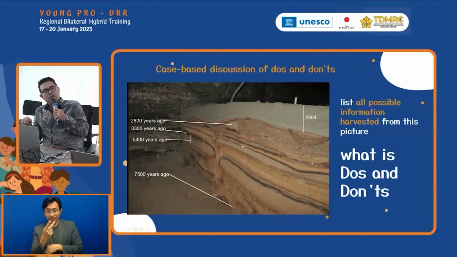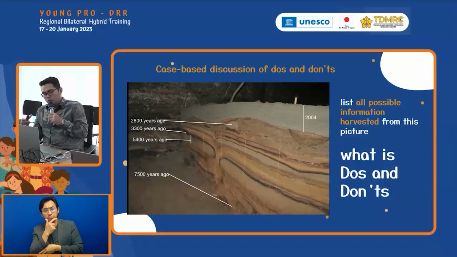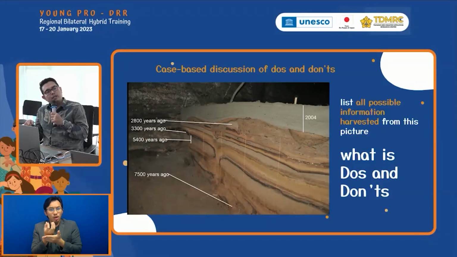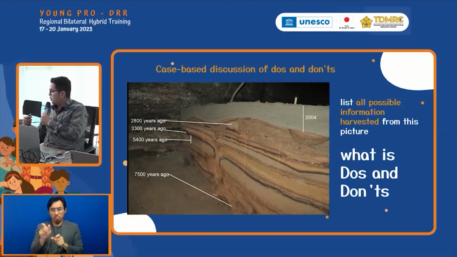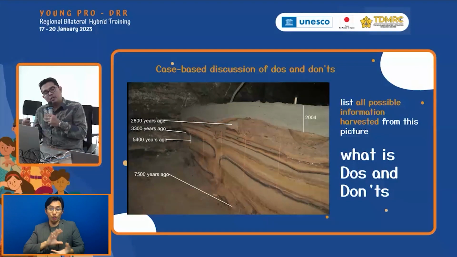When we give this figure to the common visitor at the museum, who has never been involved in any research related to DRR, never been exposed to journals published about this information, it is very difficult for them to understand what this means, why this layer of sand is different from the other layer of sand, and why it has this information on the left-hand side for the number of years.